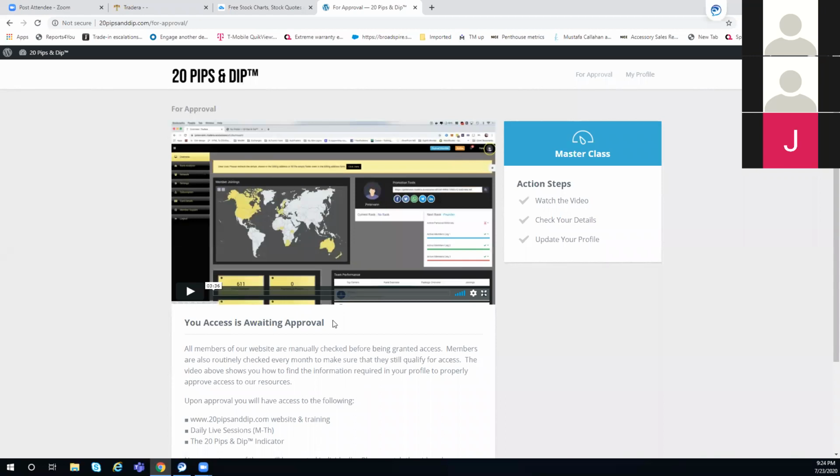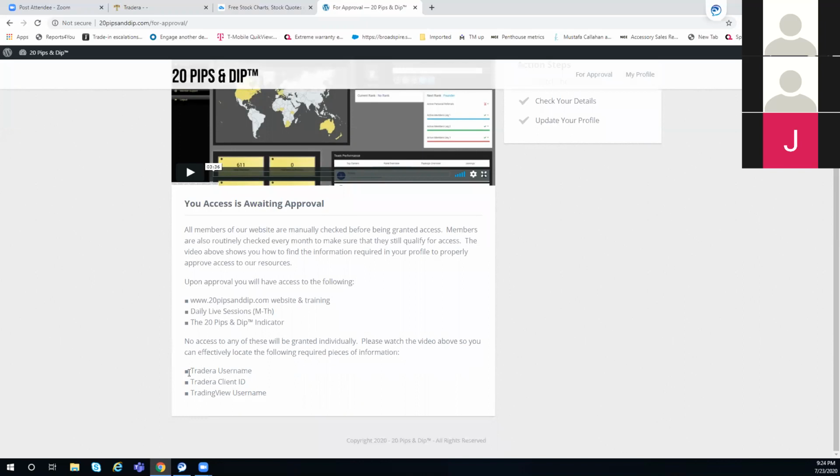So right now, if you recently registered on 20 Pips and Dip to get the approval, it may take some time, again, because the back office is transitioning over. Because we utilize this, we have to make sure you are active with Tradera. You have to send your Tradera username, your Tradera client ID, and your TradingView username. This information allows our team to validate that you are an active Tradera user. Your client ID shows you're actively in our organization, so you have access to this.